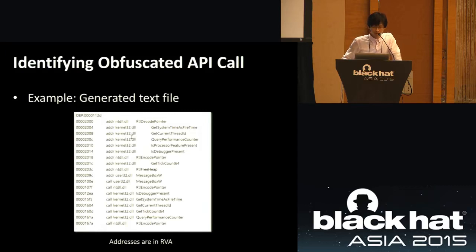It contains the original entry point and addresses and some information that needs to be changed after OEP. In this picture, address means the address in the IAT that needs to be changed, and call means the call instruction that needs to be changed to this, and the address is an RVA because of ASLR.